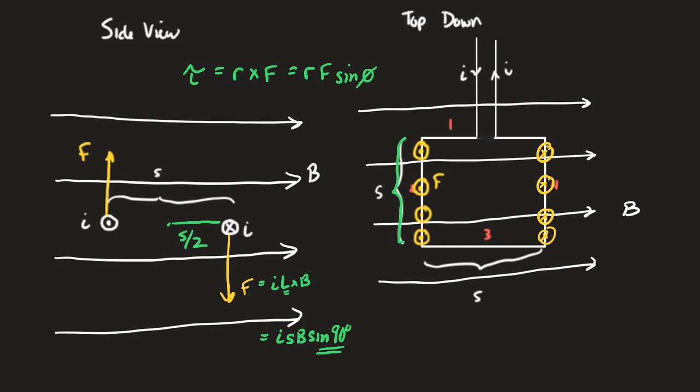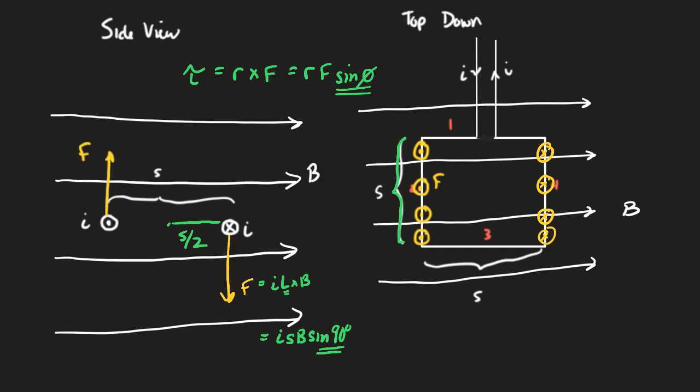This angle is the angle between the force and the torque arm. Let's just start, but keep in mind, I don't think we can throw this away. I think we need to pay attention to it.